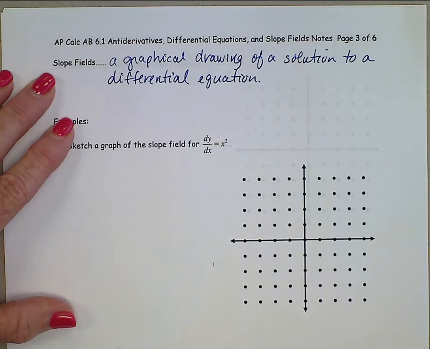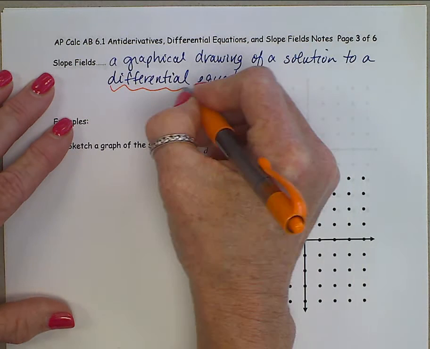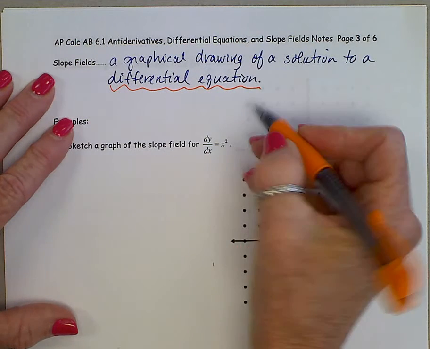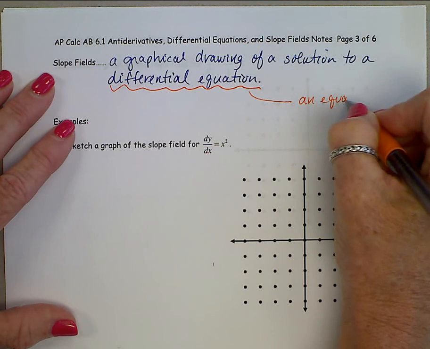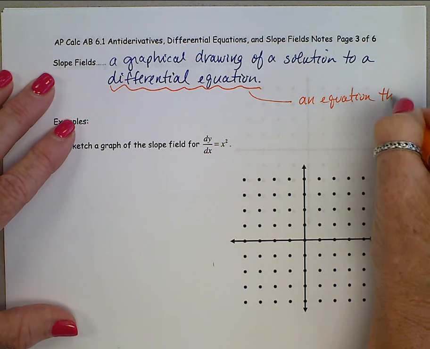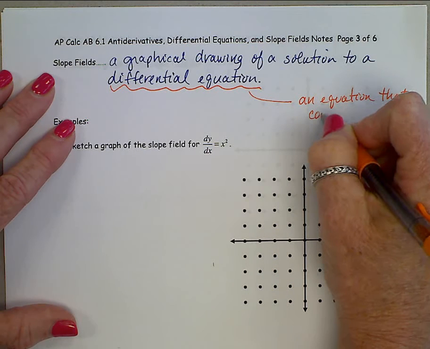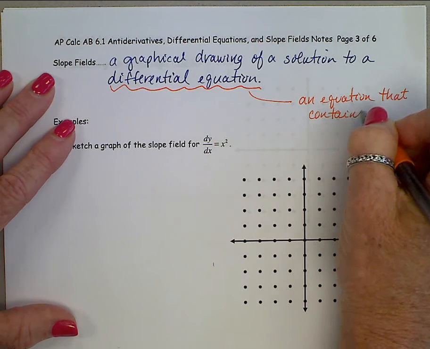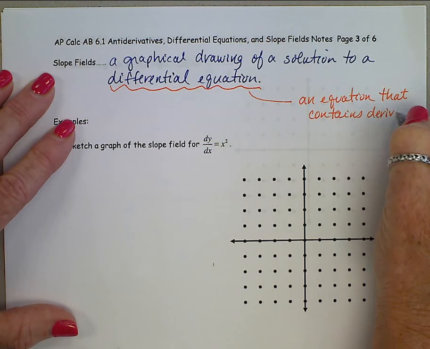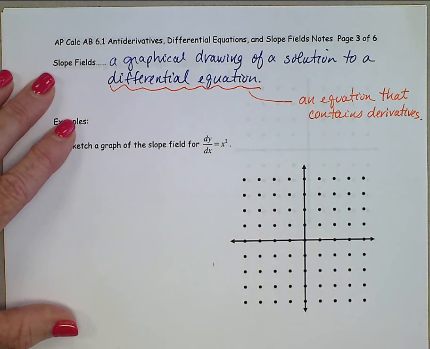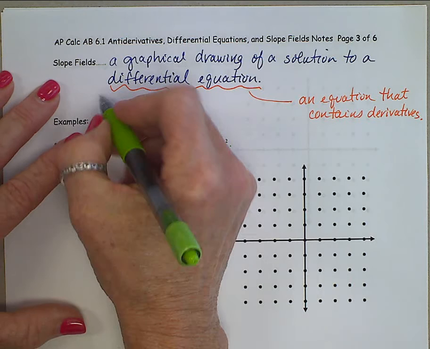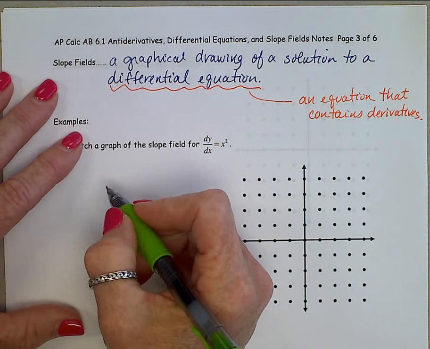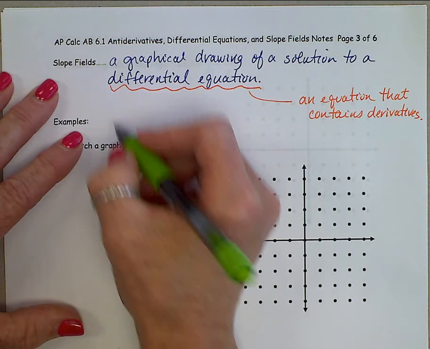And a differential equation is just an equation that contains derivatives. And this slope field shows segments of slopes of tangent lines at selected points.